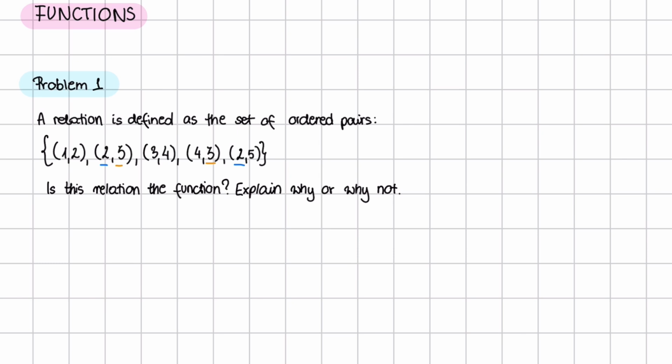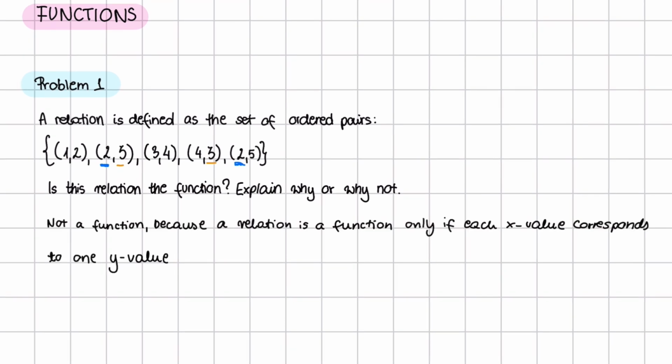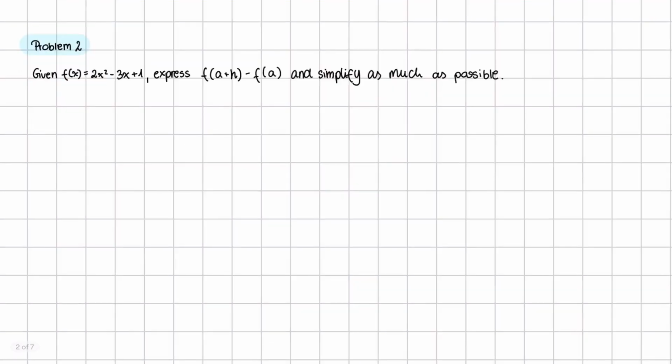So you have to remember that here we underlined our x, which is the same because it's 2 in both pairs, so that's not a function. We can write our answer like this: not a function, because a relation is a function only if each x value corresponds to one y value.